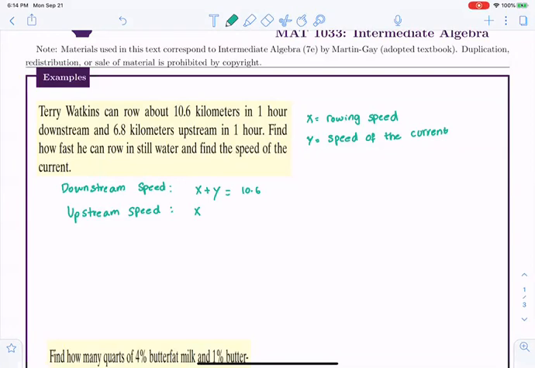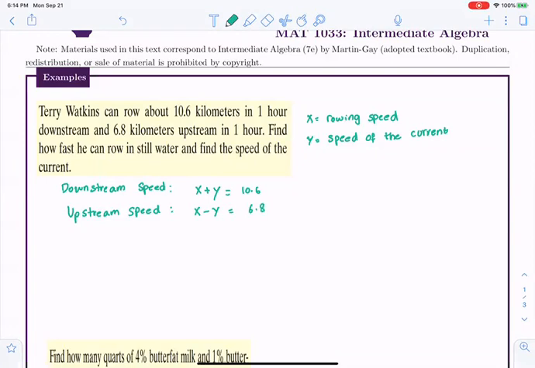So your actual rowing speed will be decreased by the current because it's going in the opposite direction. So we would have x minus y, and that would equal 6.8.